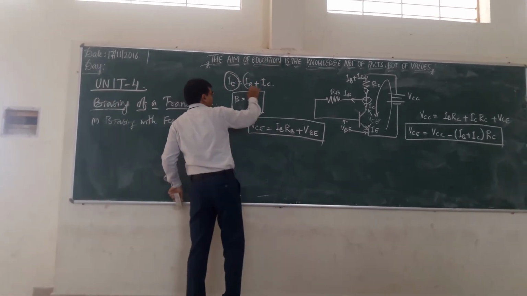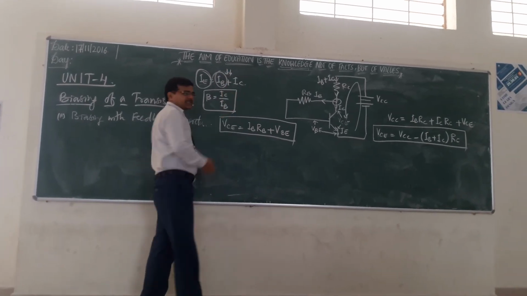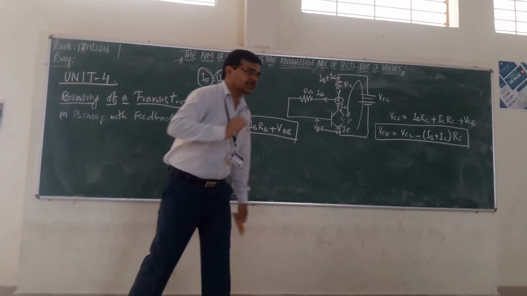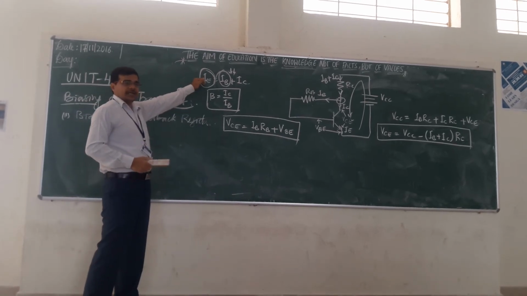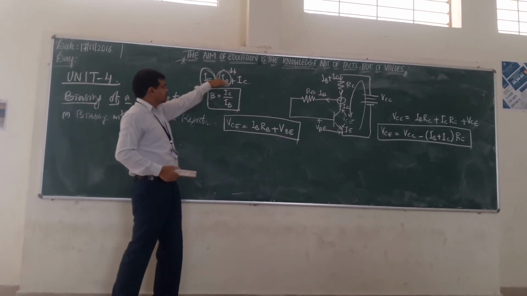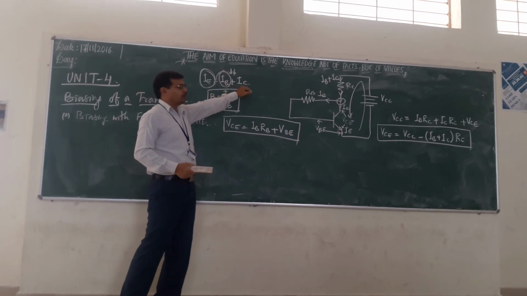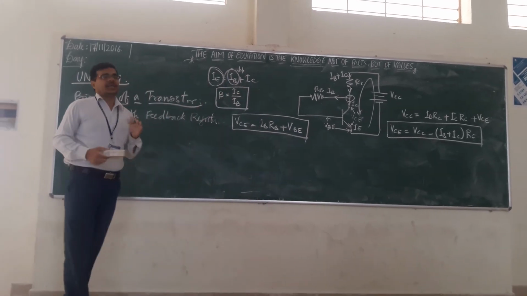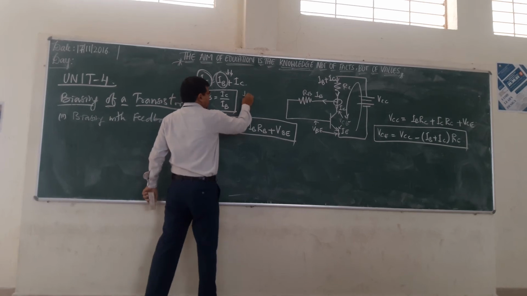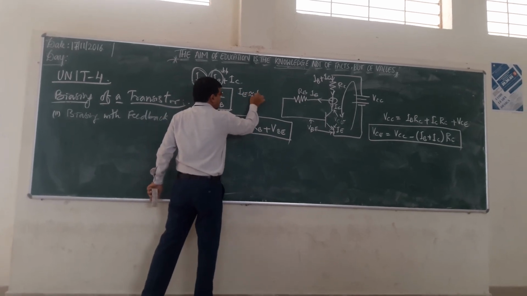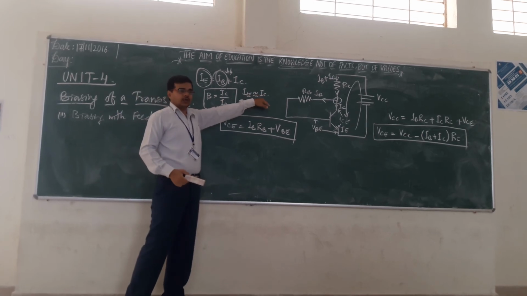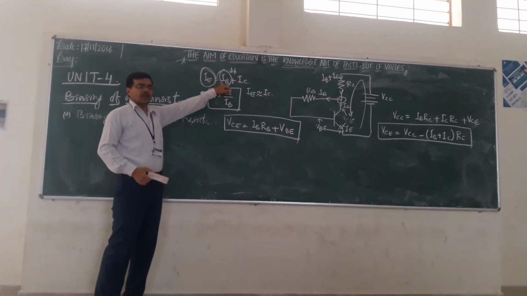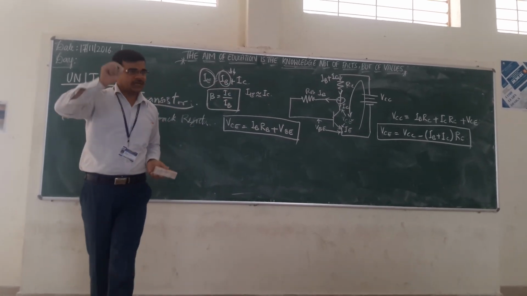But the base current is very minor, in terms of microamps, while the emitter current is in milliamps. So we can say that the emitter current is nearly equal to IC, because IB is a very small value.